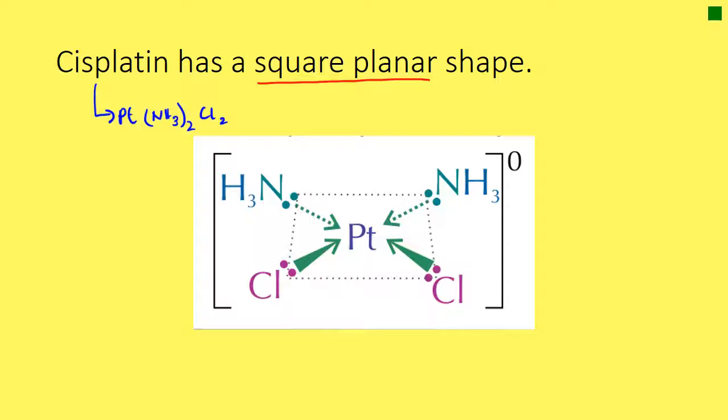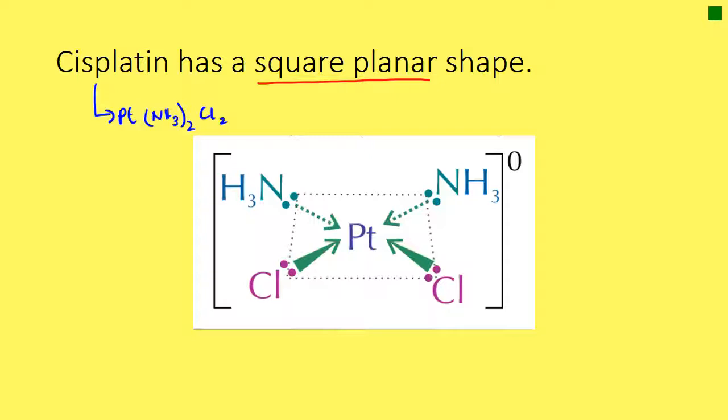When we've got 4 coordinate bonds and some of the ligands are large, we get a square planar shape. So an example would be cisplatin, and the formula of cisplatin is we've got platinum, and you've got a couple of ammonia ligands and a couple of chloride ligands.